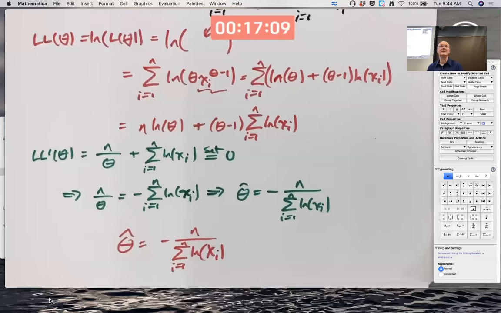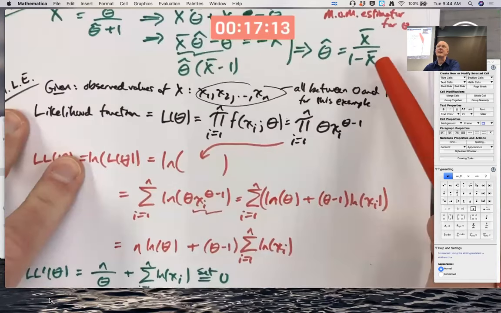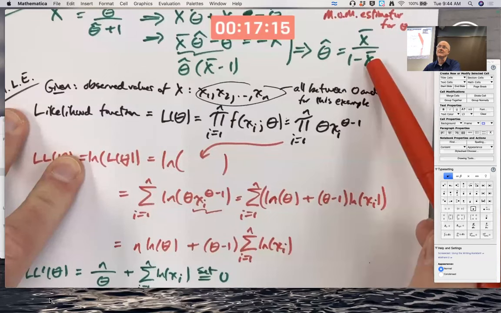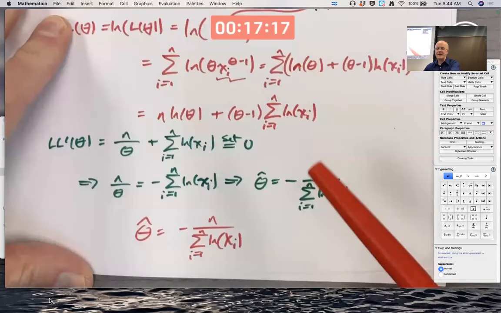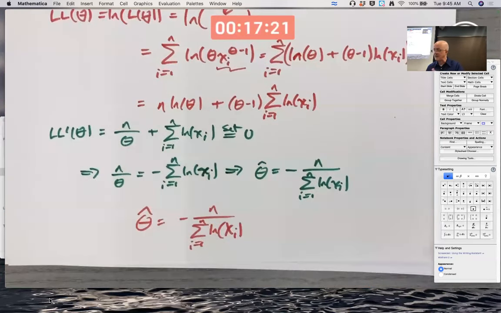We definitely got different answers, right? Method of moments gave us x bar over 1 minus x bar, a much simpler estimator. Method of maximum likelihood gave us a more complicated estimator, different, more complicated, not necessarily worse, just more complicated.